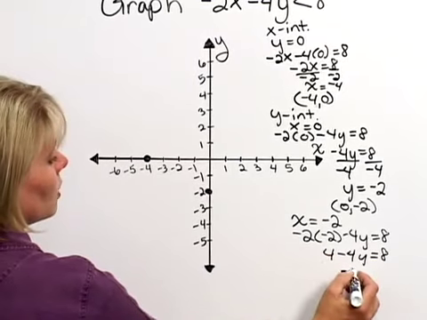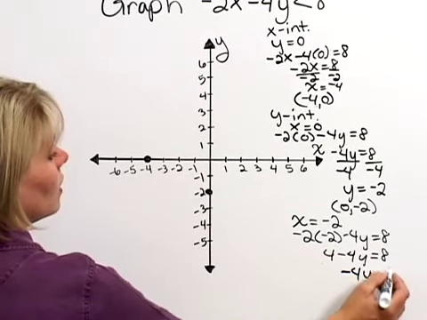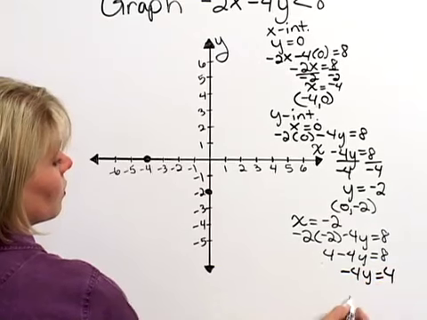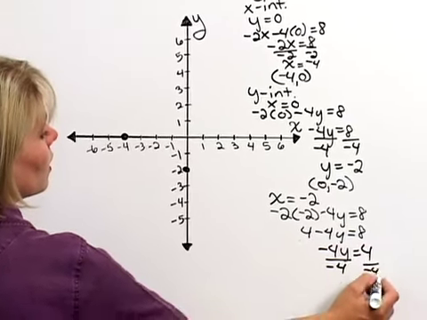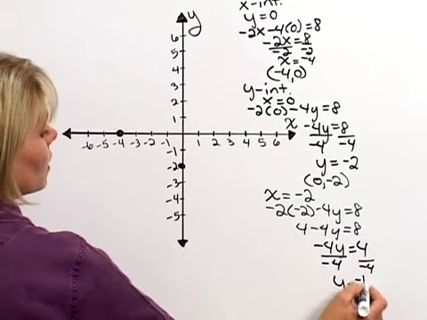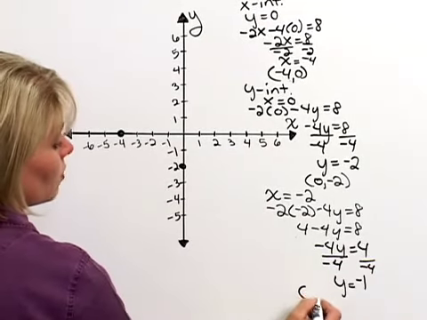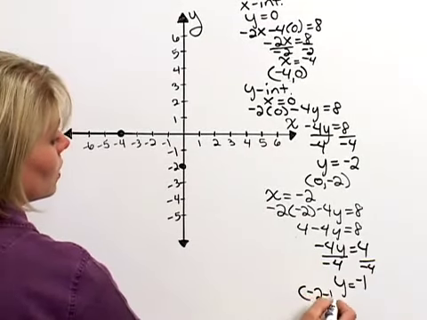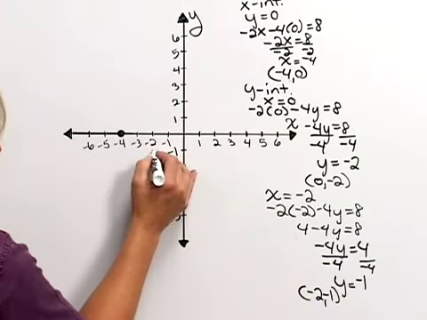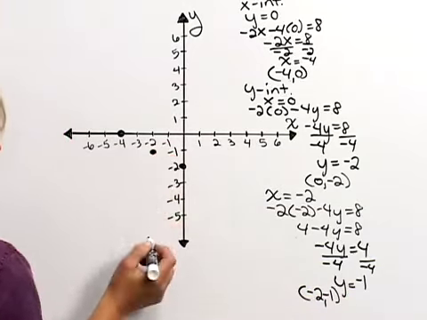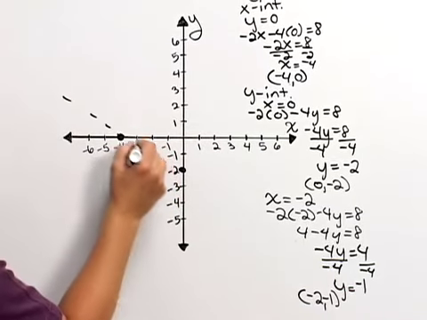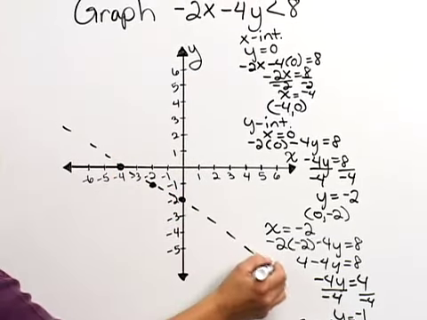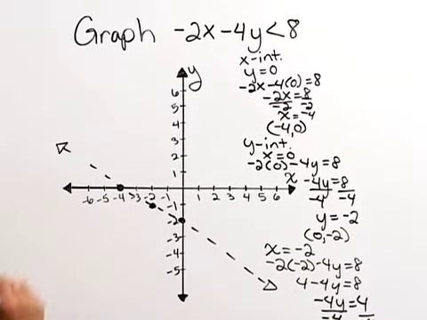Subtracting it here, I'm left with a negative 4y. Subtracting it there, I'm left with a 4. Now divide by negative 4, and y equals negative 1. So I have a point at negative 2, negative 1. Let's plot that. It goes right there. And when I connect those points with a dashed line, I get this dashed line right there.